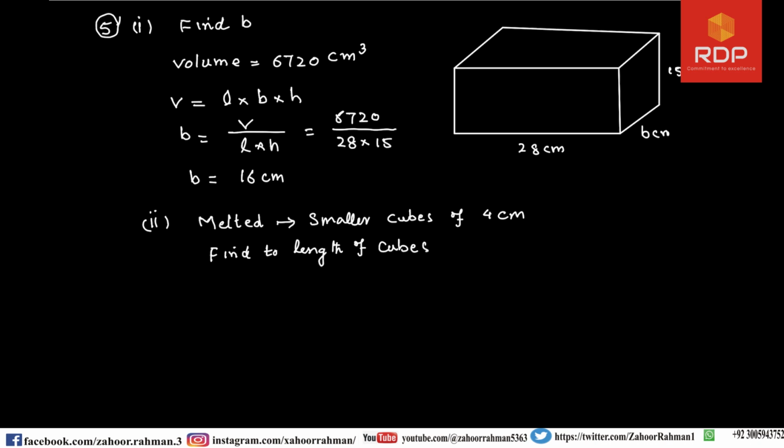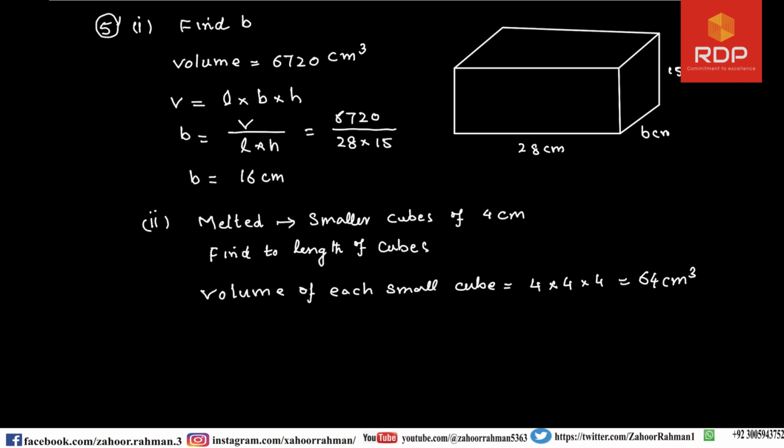So let us say volume of each small cube, and that will be 4 into 4 into 4, and that is equal to 64 centimeter cube.